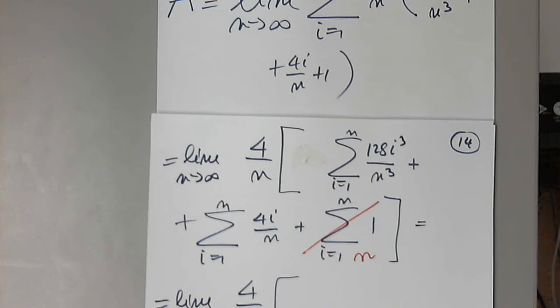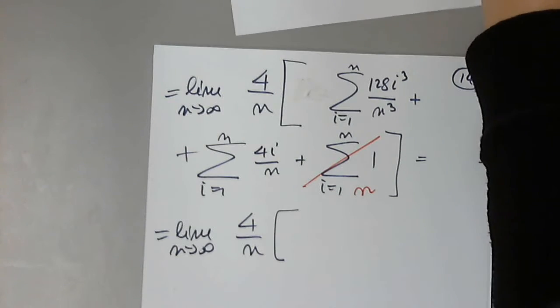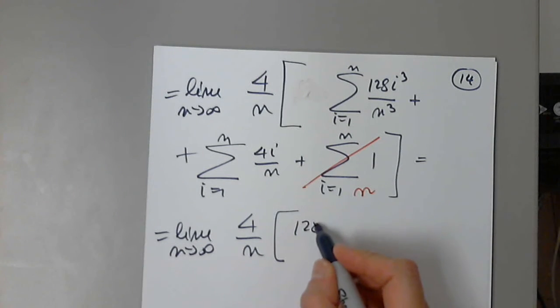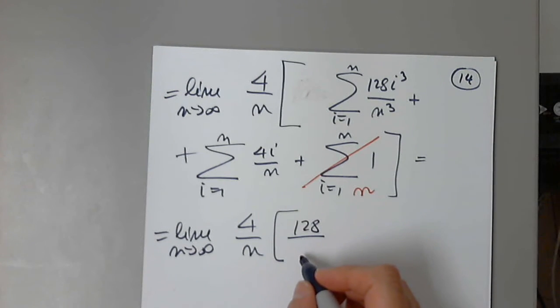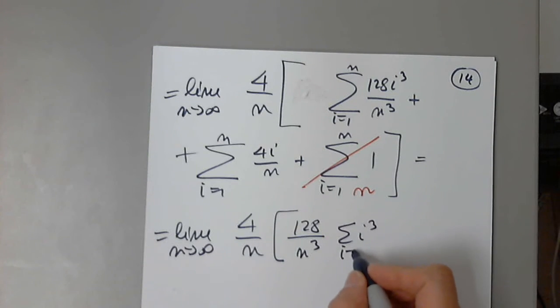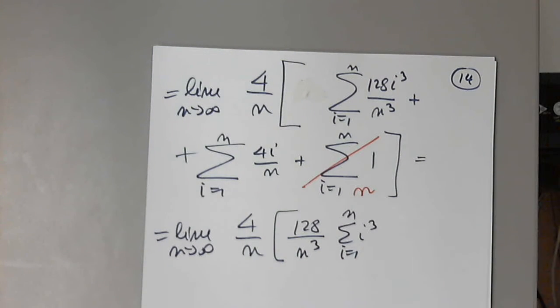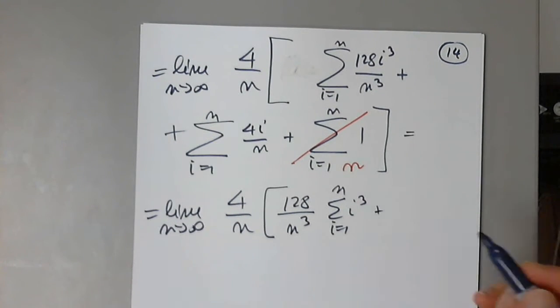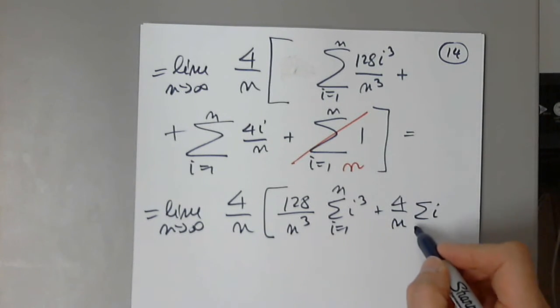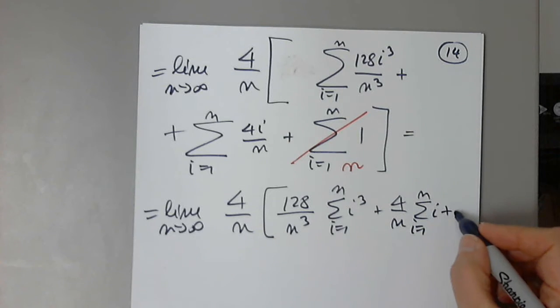And now please simplify the first sum. What goes out? Of course, 128 over n cubed. Very good. The sum of i cubed. This I know and I recognize. Plus, let's clean up the second sum. 4 over n times the sum of i. This I know. And plus n.